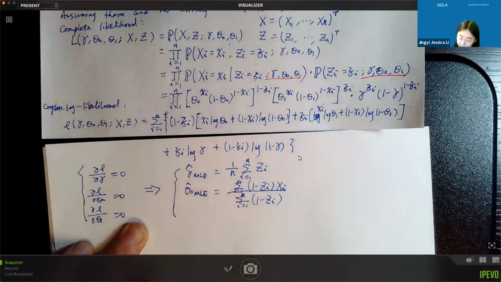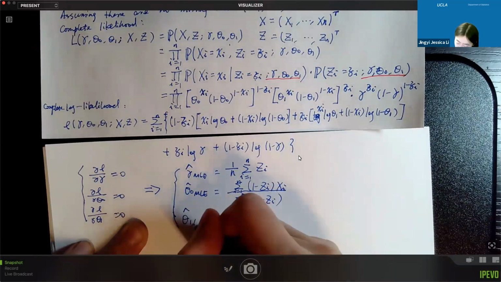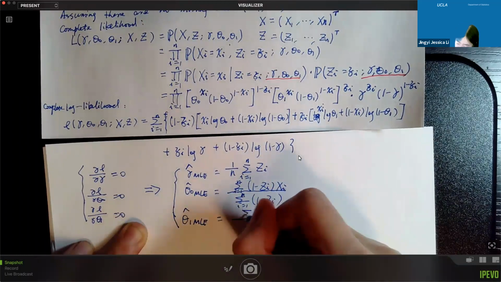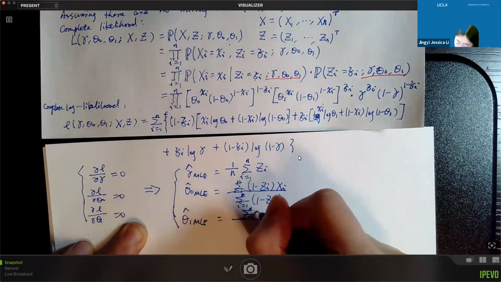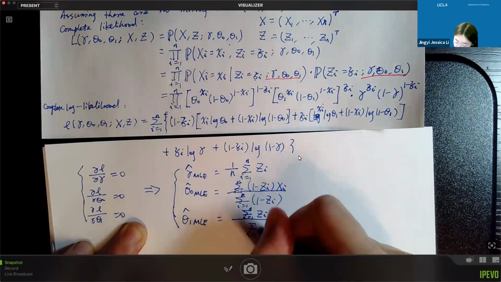That's the MLE for theta 0. And finally, the MLE for theta 1 will be the summation from i equals 1 to n of Zi xi, divided by the sum of Zi.